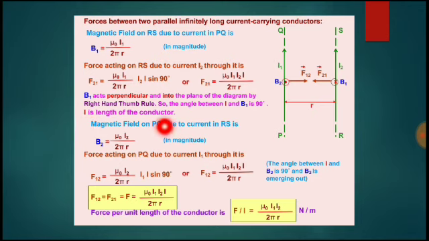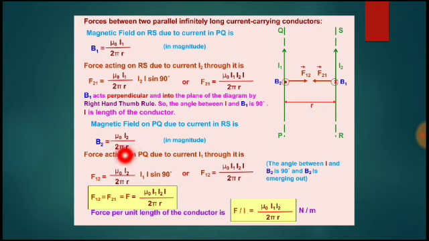The same way, if you want to find the magnetic field on the PQ conductor due to the RS current, this magnetic field is B2. What is B2? Mu naught I2 divided by 2 pi r.